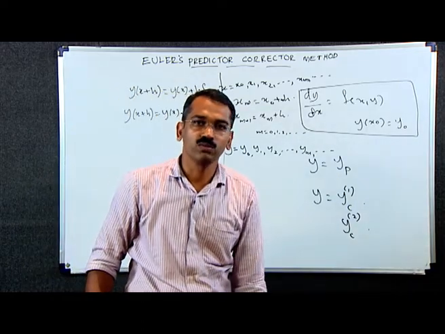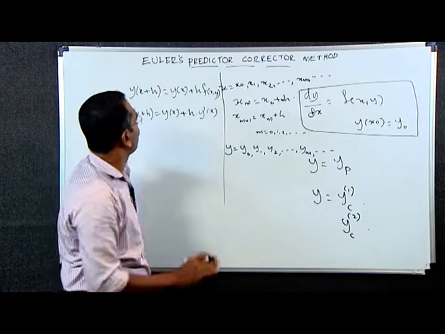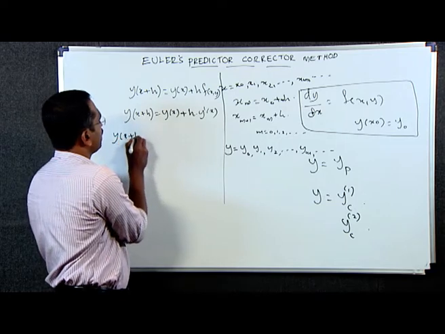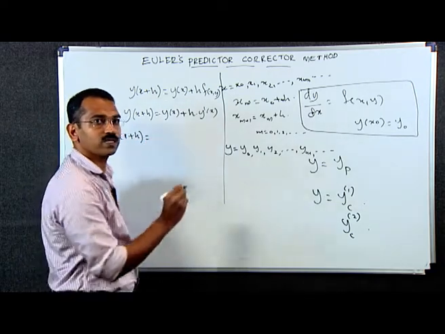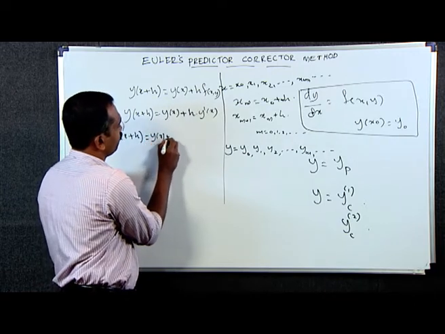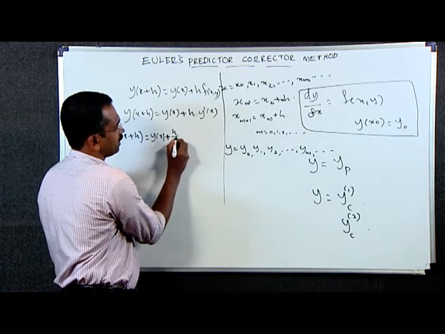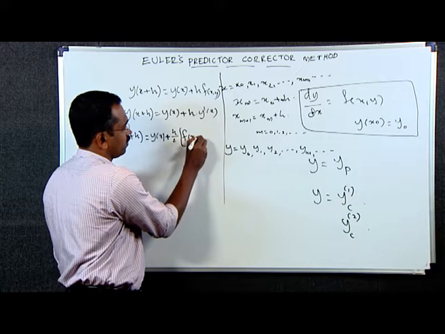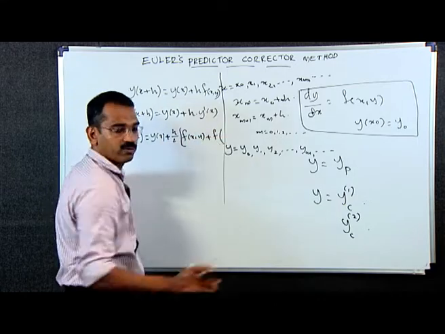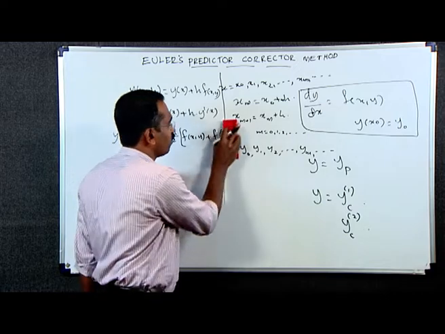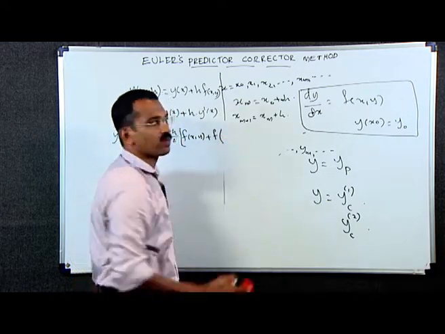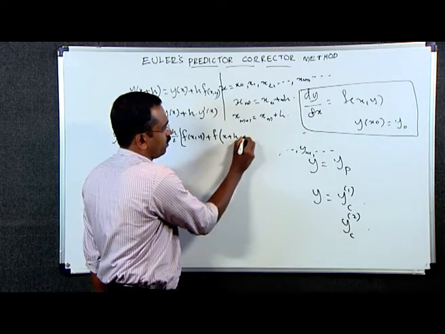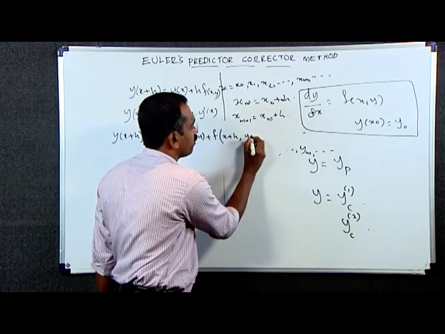And also by the modified Euler's formula, which we already discussed, y of x plus h is equal to y of x plus h by 2 into f of x, y plus f of x plus h, y plus h into f of x, y.